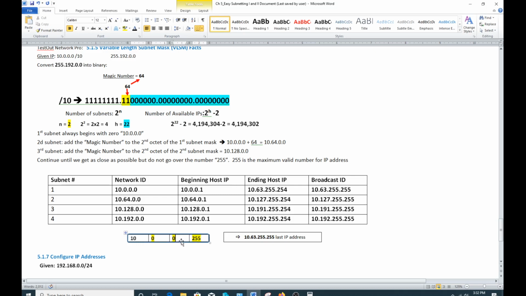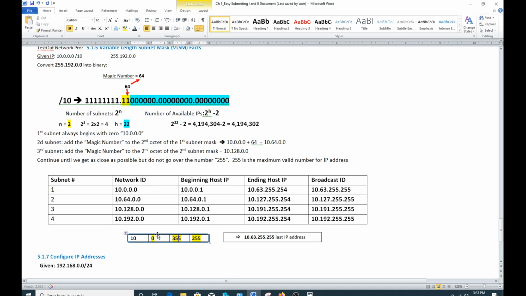Then it starts to increment this number right here to 1, and it starts with 0, then 1, then 2, then 3, all the way to 255. Then it increases to 2, and starts again with 0, 1, 2, all the way to 255. Then it increases to 3, and keeps on doing like that until you get to 255.